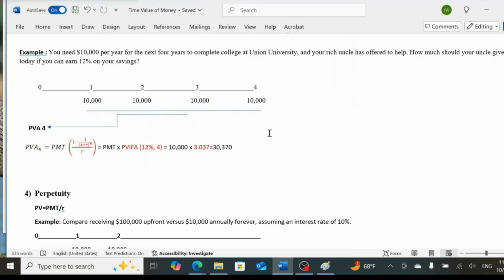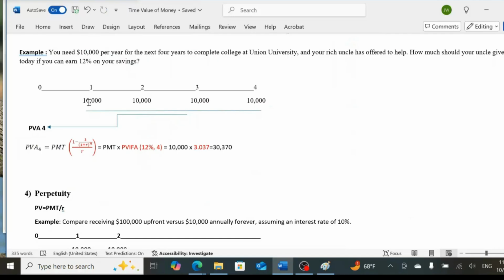Beyond the scholarship and financial aid, he still needs an additional $10,000 every year. This bill needs to be paid.